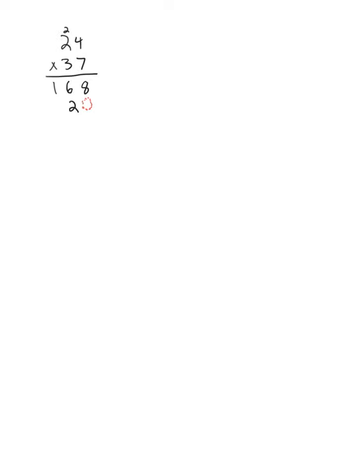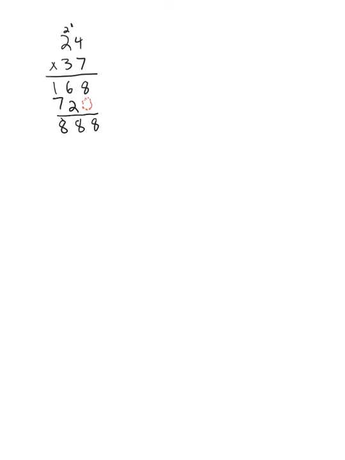Let's do it in black. Two times 3 is 6, plus 1 is 7, and when you add, you get 888, just like before. Of course, it's the same thing.